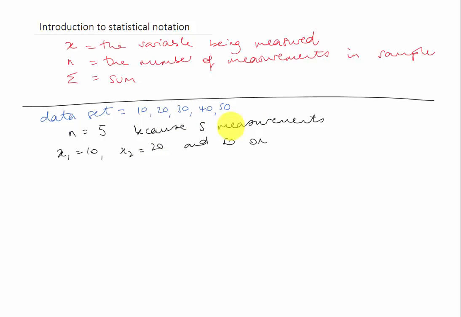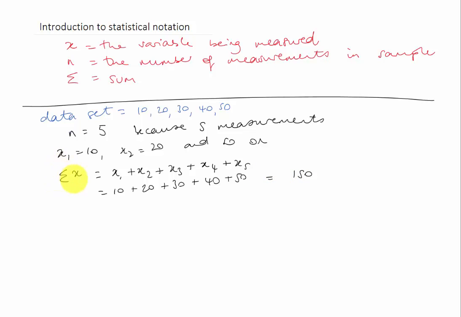And so I'm going to give you an example. Let's say the sum of x, so that means it's x1 plus x2 plus x3 plus x4 plus x5. So we're adding up all the different values. That's 10 plus 20 plus 30 plus 40 plus 50, equal to 150.